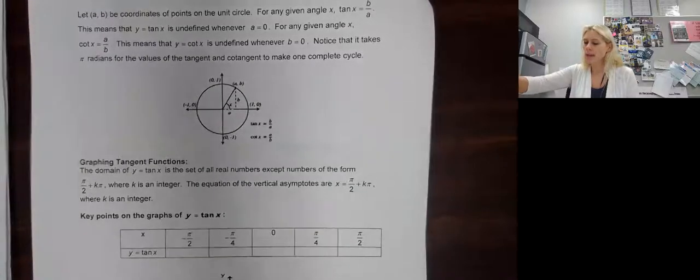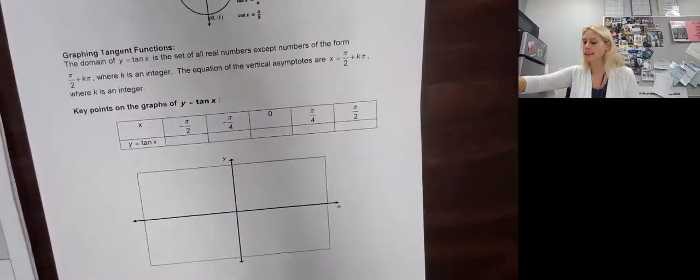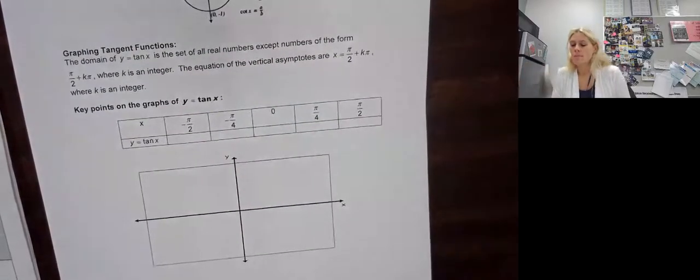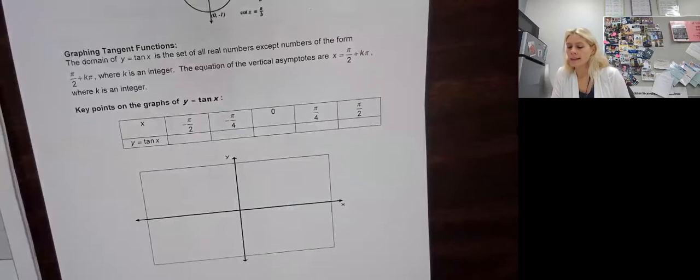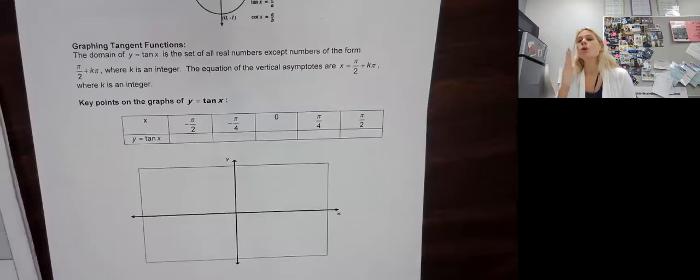So the domain of y equals tangent x is the set of all real numbers except of the form pi over 2 plus k pi, where k is an integer, and the equation of the vertical asymptotes are x equals pi over 2 plus k pi, where k is an integer, okay? So with our asymptotes this time, we're going to make sure that we write it in equation form so we capture all the asymptotes, okay?